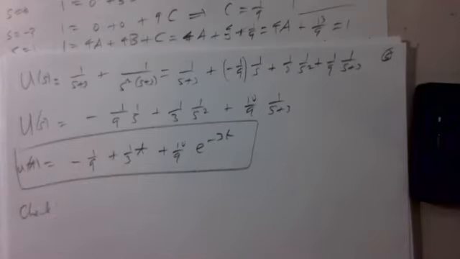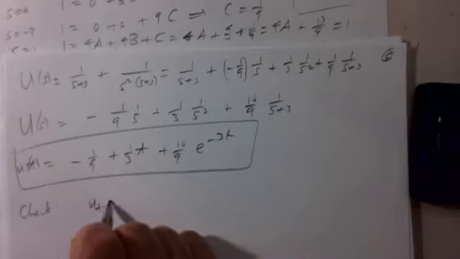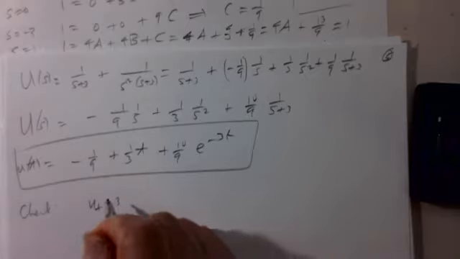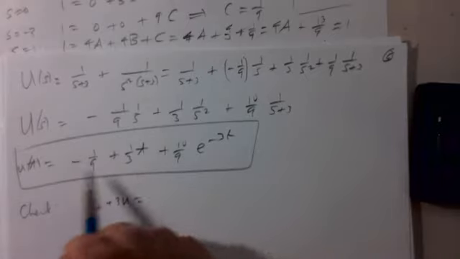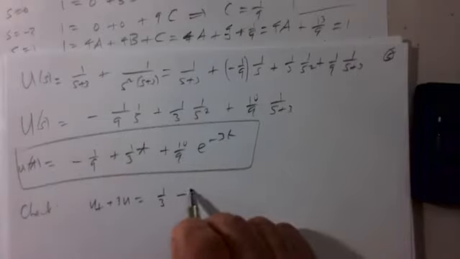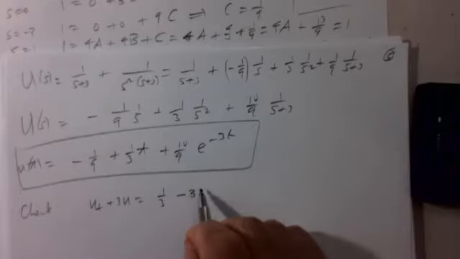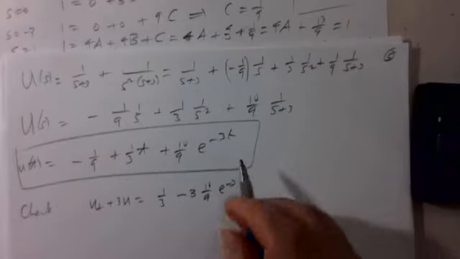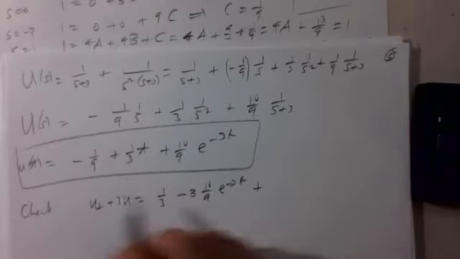So u sub t plus 3u is what? If I differentiate this with respect to t, I get 1/3 minus 3 10/9 e to the minus 3t plus 3u.